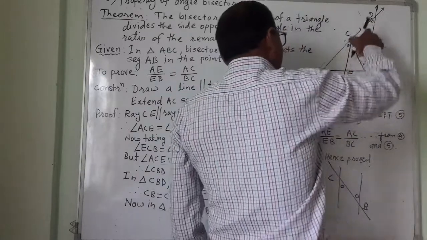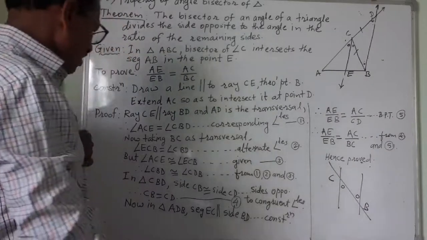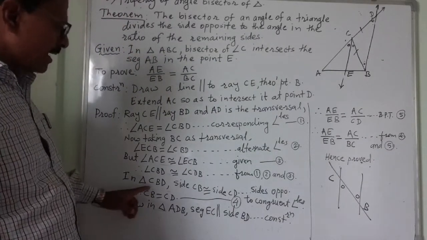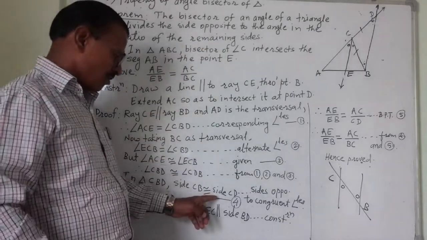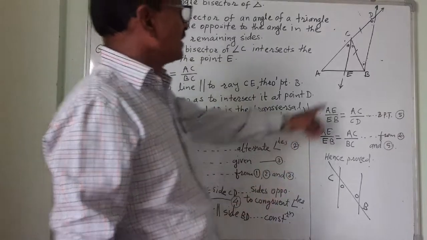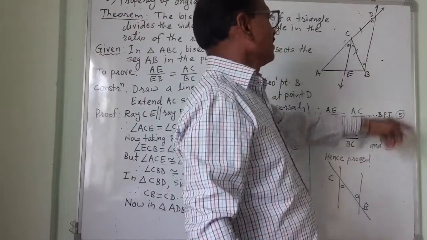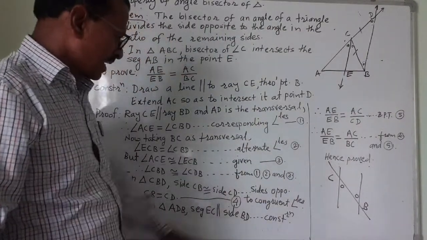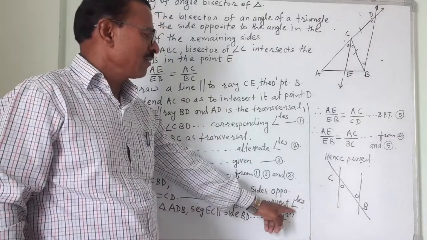These two sides should be equal. So that is what I have taken now here. In triangle CBD, side CB congruent side CD. Why? These are the sides opposite to the congruent angles. This is the sign of angle.